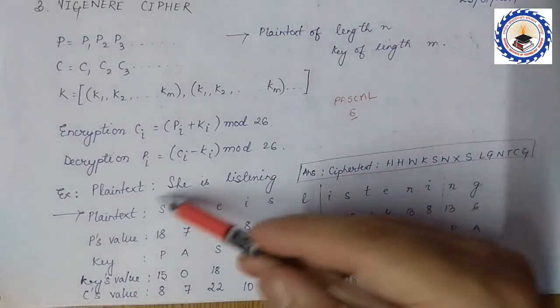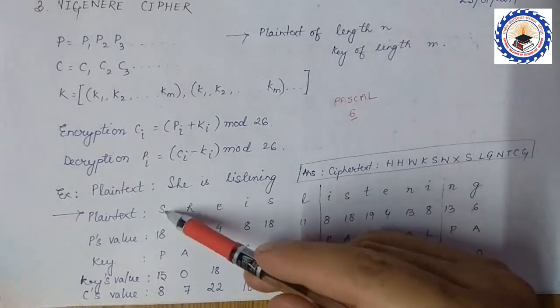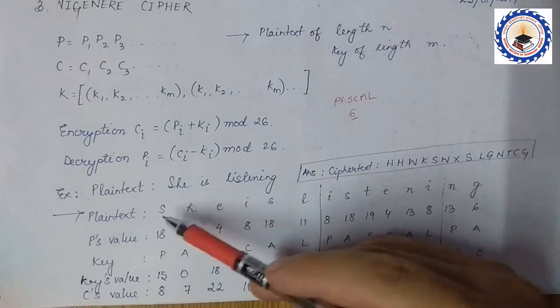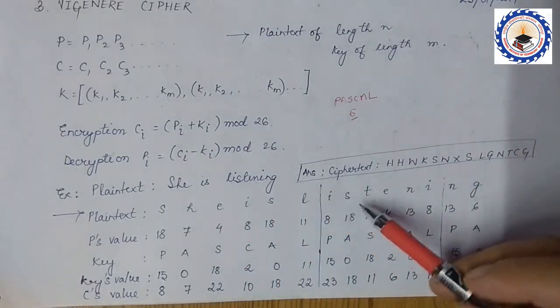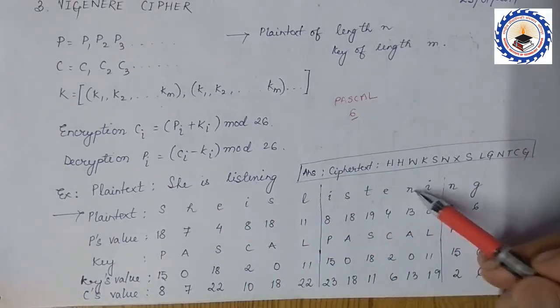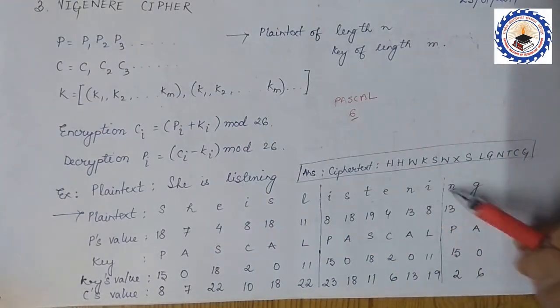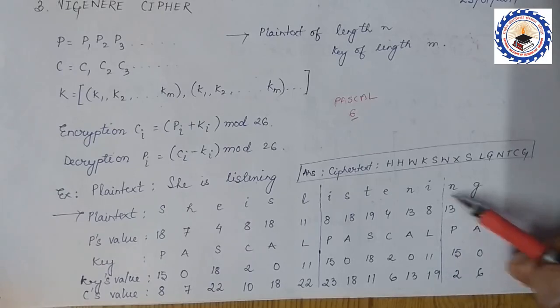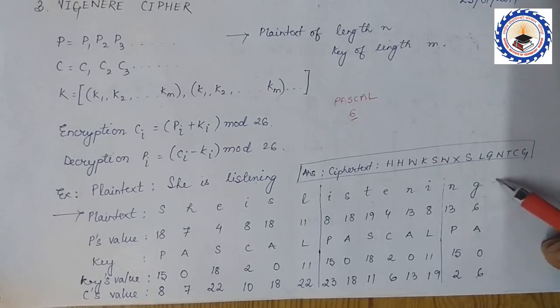So this is the first group. How many letters does it have? 1, 2, 3, 4, 5, 6. So it has 6 letters. Then the second group also has 1, 2, 3, 4, 5, 6. And this is the last group. In the last group, we cannot make an additional 6-letter group. If it is less than 6, then we keep it as it is.